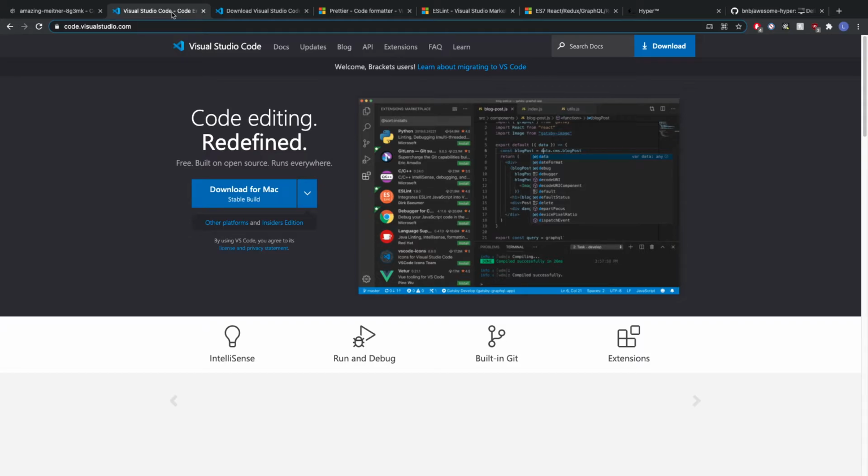Just because it has so many features, it has so many extensions, and it is really involved with the community around coding. Because it has so much support, it just makes things so much easier and makes your life go so much faster.